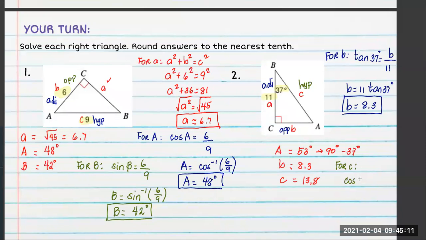Cosine of 37 degrees is equal to the adjacent side 11 over your hypotenuse, which is C. So when you cross multiply this, you will get C times cosine 37 degrees equals 11. And therefore C is, you divide both sides by cosine 37. Okay? And you will get 13.8.